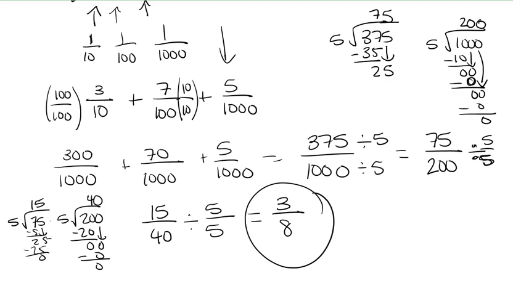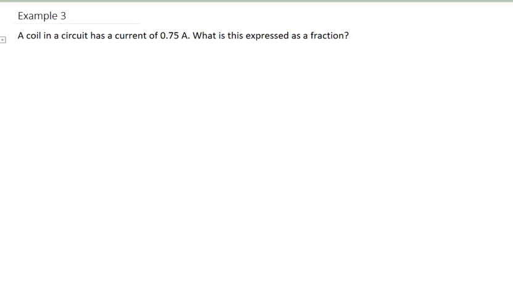Now let's do one final example. Example 3. A coil in a circuit has a current of 0.75 amps. What is this expressed as a fraction? So we have 0.75. Once again, this is our 10th spot, and this is our 100th spot. So all we need to do then is multiply the 7 times this 10th.